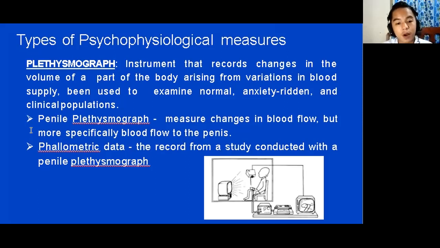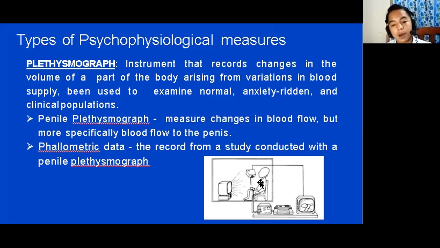One type of plethysmograph is the penile plethysmograph, which measures changes in blood flow, more specifically blood flow to the penis. So it is literally an instrument wrapped around the penis of a person, and if the blood flow changes, the measurement starts.